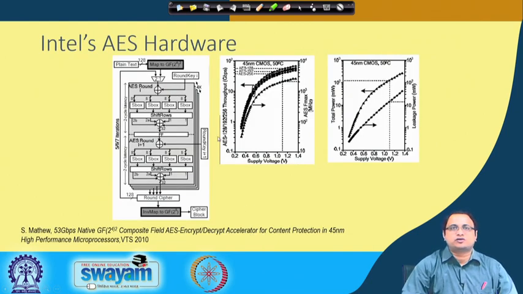Here is a pictographic diagram of how the architecture looks. If you see carefully, the ideas are essentially what we have already studied. For example, the plain text is mapped to GF(2^4)^2, and then the operations are done in the composite fields.